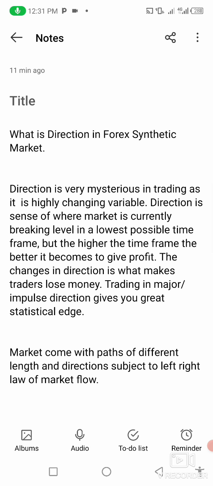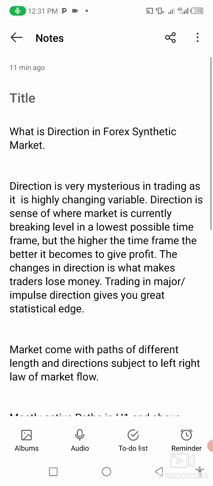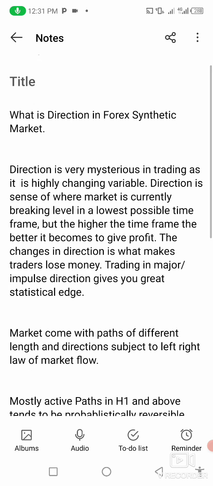So I continue with the discussion. Direction is very mysterious in trading, as it is a highly changing variable. Direction is a sense of where the market is currently breaking level in the lowest possible time frame, but the higher the time frame, the better it becomes to give profit.